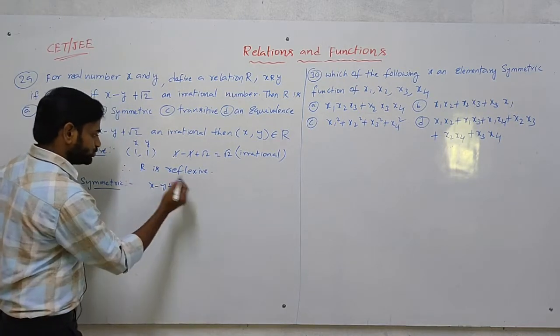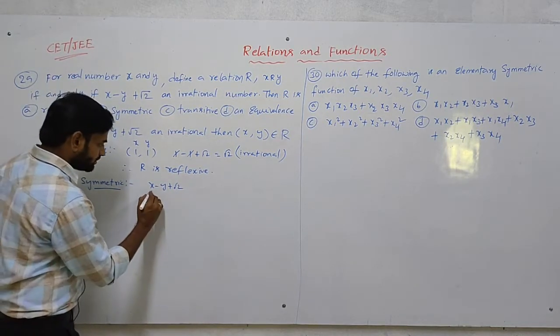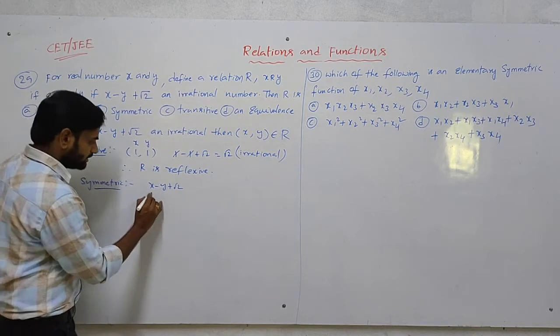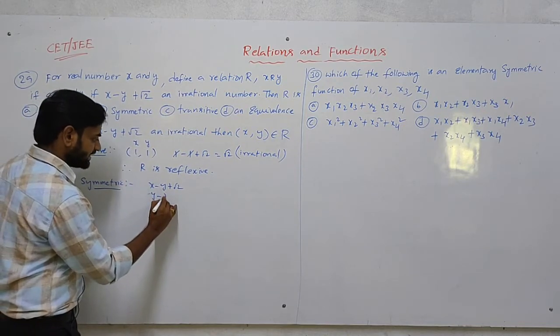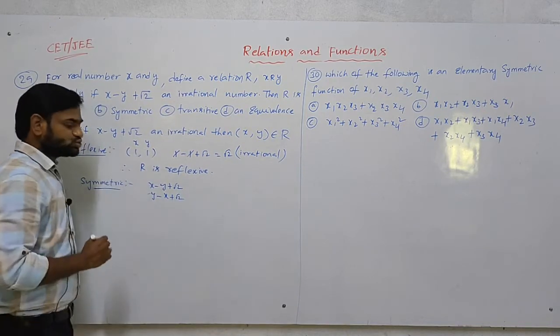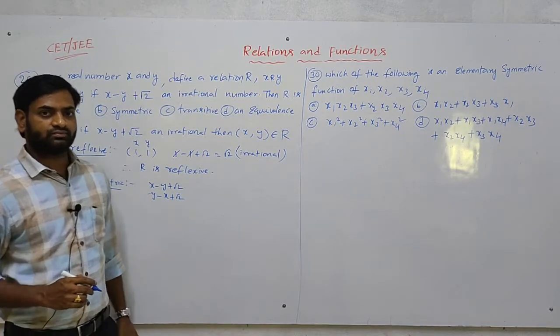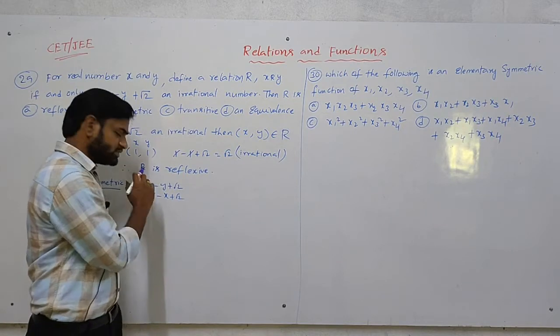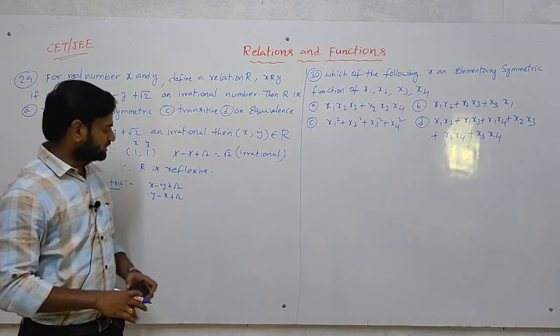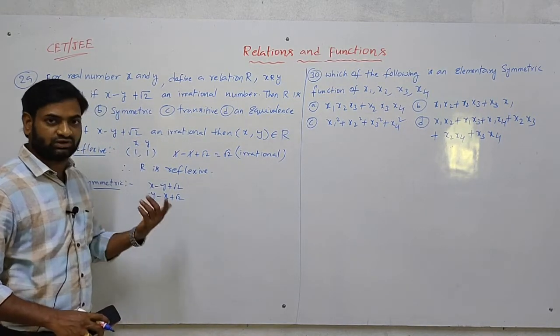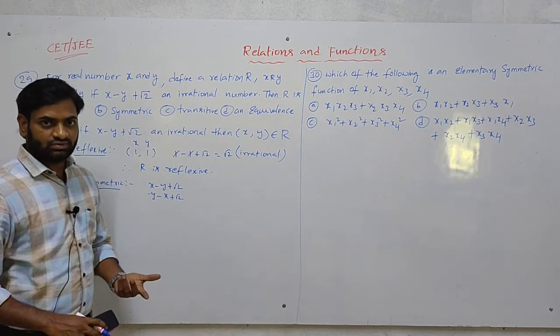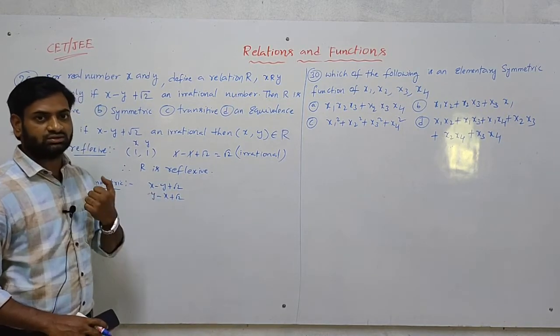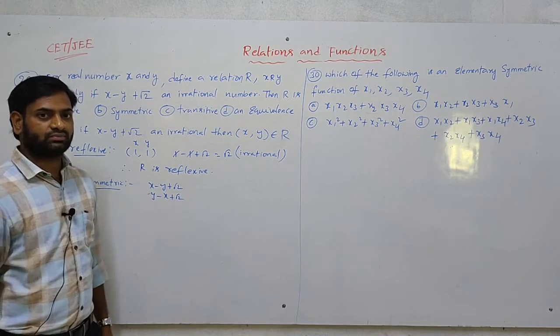In place of x, I take y, and in place of y, I take x. Are these two expressions the same or not? These both are not the same. If you had a plus, they would be the same, but here x minus y and y minus x are different. So when these two are not the same, it is not symmetric. That you can say.